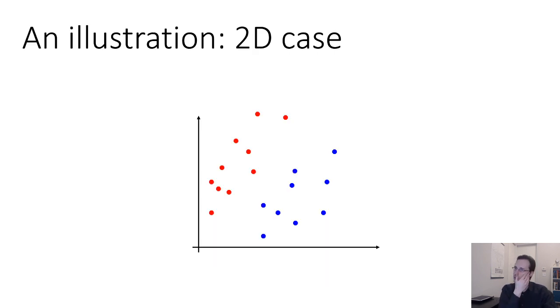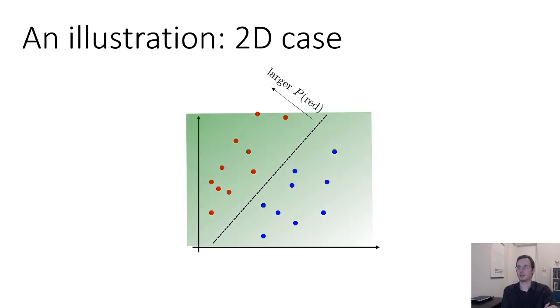All right, so here are a few illustrations of the softmax in action. Let's say that you have two classes, red and blue. The theta values that are learned basically define a line through the space. Anything above this line has a larger probability of being red, and anything below this line has a larger probability of being blue.